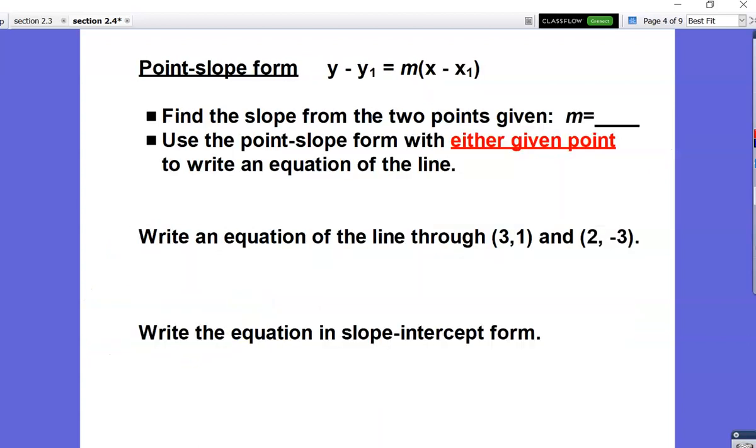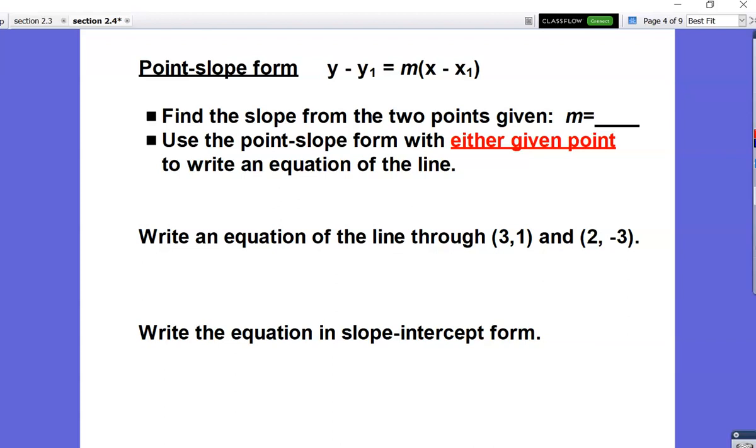If we're just given a point and the slope, or just 2 points, we have a little bit of a different process, and that's where we'd use point-slope form. So first, if we're given 2 points, we need to find the slope, and then we use either of the 2 points that we were given and substitute them in place of x1 and y1.